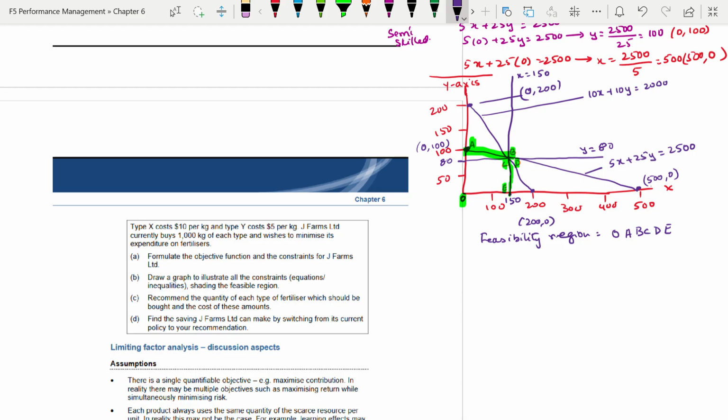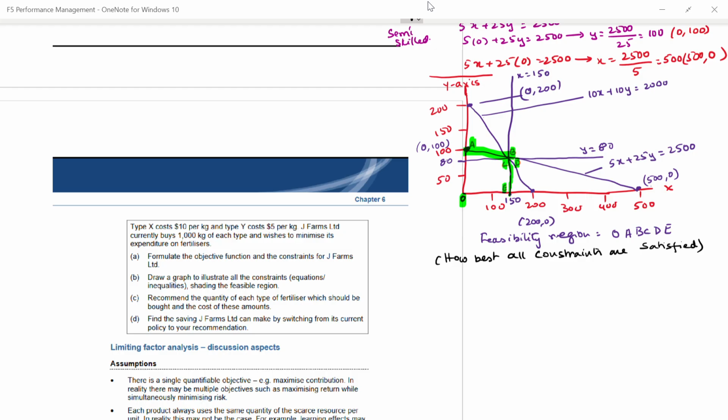How best can we satisfy all the requirements, all the constraints? How best all the constraints are satisfied is called a feasibility region.